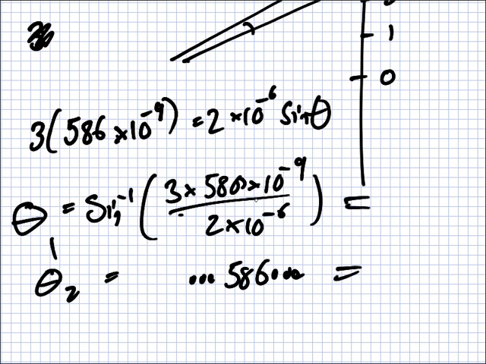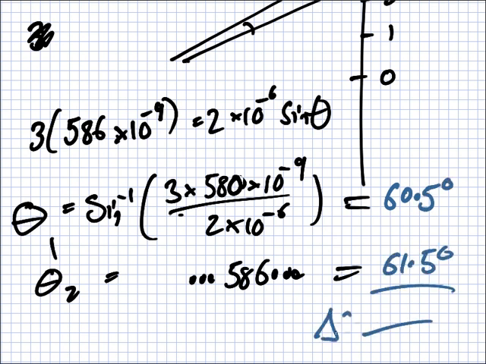Okay, so what are the two angles here then? 60.5. Okay, so the first one is 60.5. And the second one? 61.5. So the difference between those two angles is 1 degree.